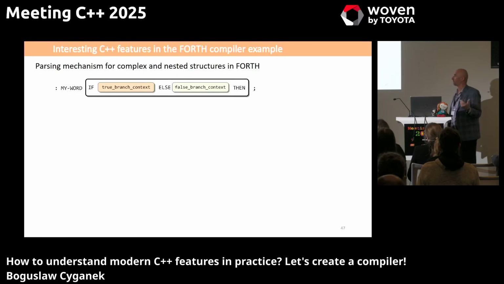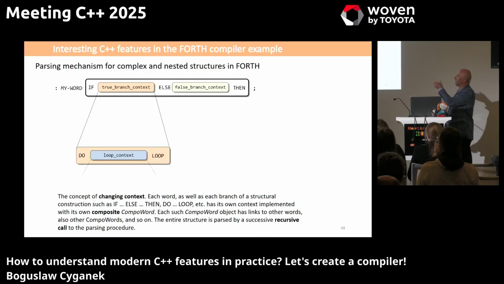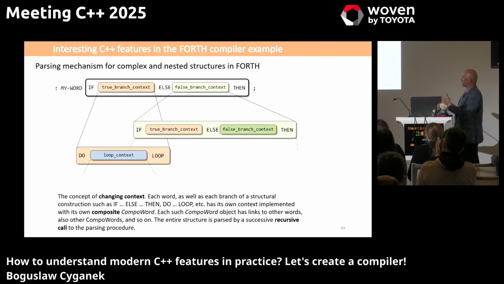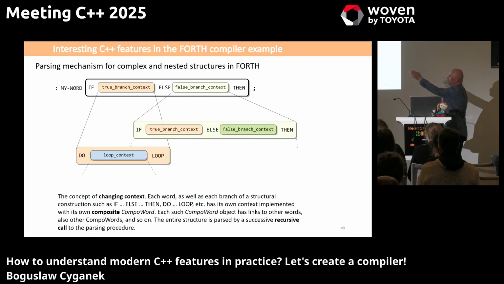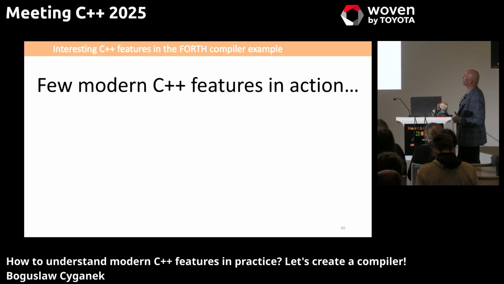This is the syntax of Forth. So what we do, we split it, and recursively, we select the true branch, and we apply the same procedure again, and again, and again. So that's in a recursive way. It is simple in implementation, maybe a couple of lines of code, but this is how it operates. Once you split into a do loop, you take the inner part of the do loop, and you call the same function to make this parsing and processing. And it works fine. So a few modern C++ features in action, finally.